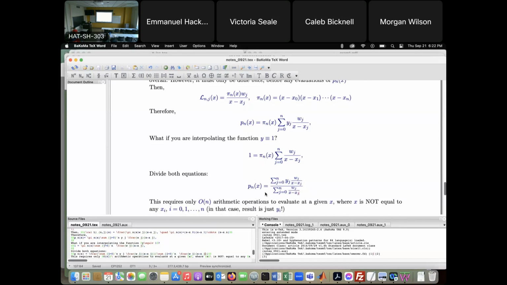Now, notice I have in the denominators x minus xj. So I'm thinking, oh, well, if you plug in x equals xj, then you're dividing by 0. But we never need to plug xj into this, because we know what this should be. It should be yj. So yeah, this formula should only be used for other x's outside of your data.